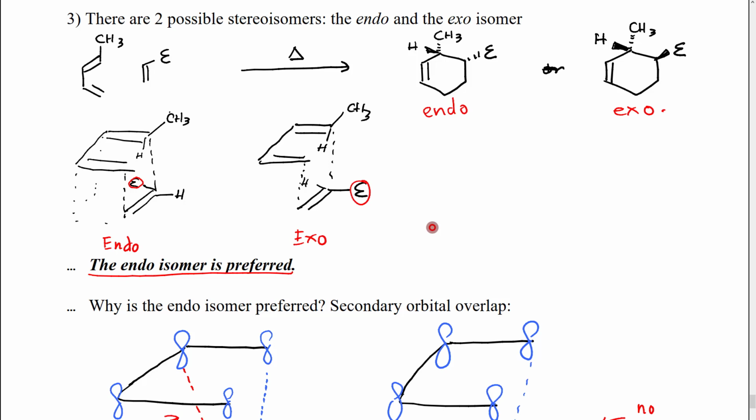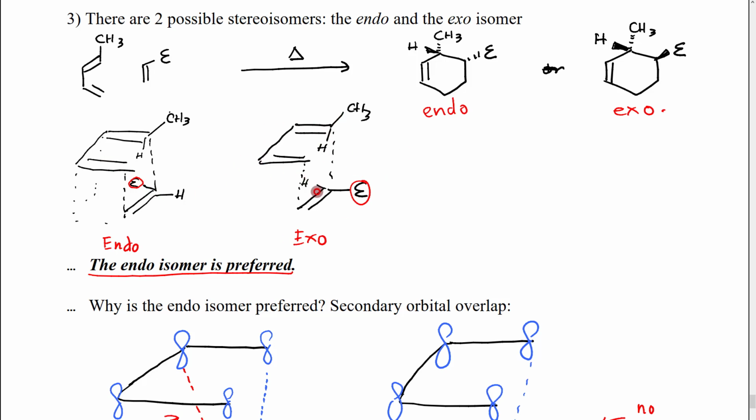So this is where it gets a little scary ugly. You're going to have to build some models. If we put the diene in the same location, and then imagine the dienophile being underneath it, the dienophile can flip over 180 degrees. When it does that, if we have the E group here on this bond underneath the diene, we flip it over 180 degrees, it's going to move to that location, which is now sticking out away from the U of the diene.